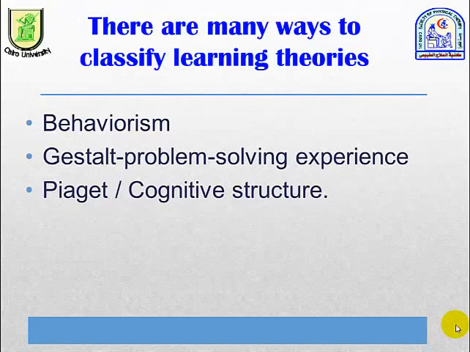The second one, for a teacher whose main philosophical orientation is development of cognitive processing and reasoning, the predominant learning theory of choice would be guided problem-solving experience. The last one, when the teacher's main philosophical orientation is academic rationalism, the predominant learning theory of choice would be Piaget's cognitive structure.